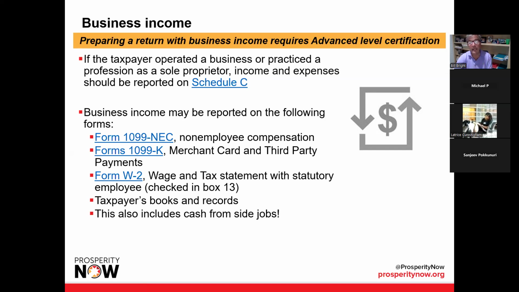When they come in, they should have some sort of records of their expenses, and it could also include cash. An Uber driver that drives his neighbor to the airport and receives $100 should be reporting that. A lot of our folks don't keep records. The good news about Uber and Lyft is it's all on the app.